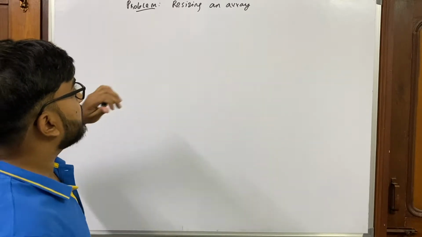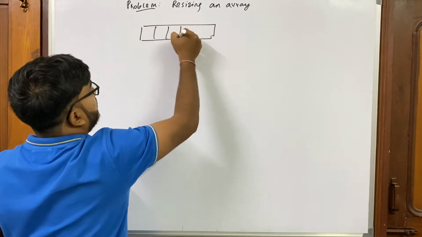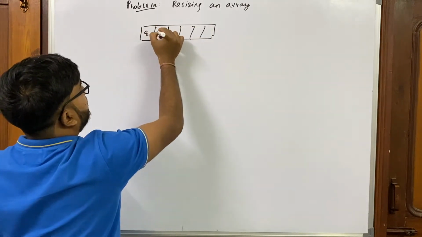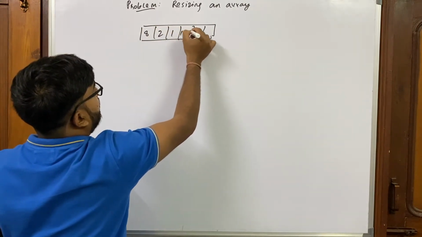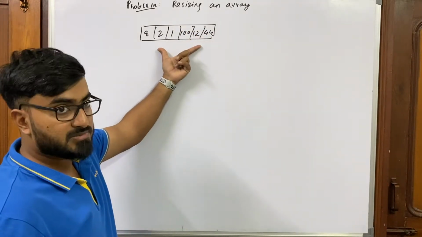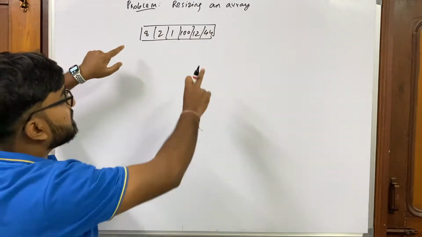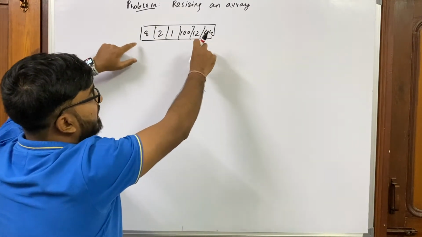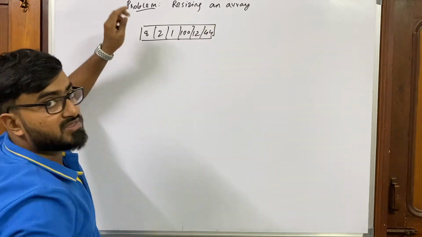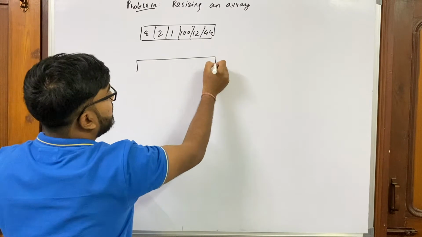So what do I mean by resizing an array? If I have an array with values 8, 2, 1, 100, 12 and 44, all the 6 locations of this array are being used and I want to add one more value. Since the size of this array is fixed, I cannot actually add a location, but I can create a fresh array of size plus 1.